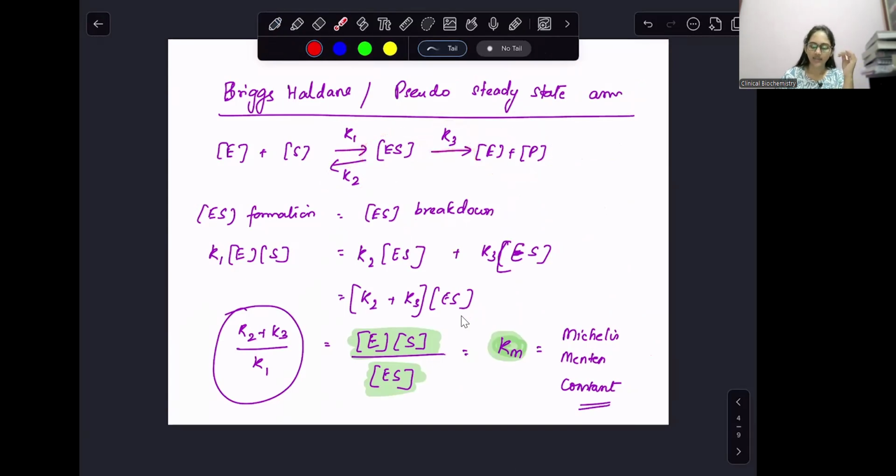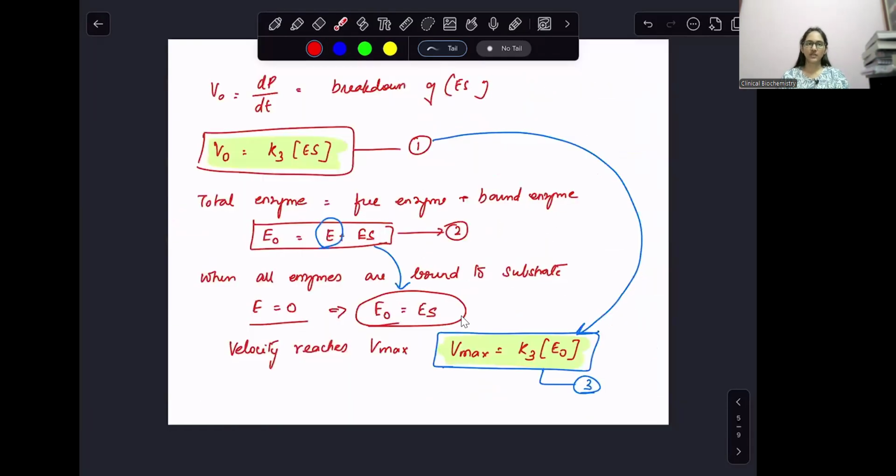Fine. So at equilibrium, enzyme substrate complex formation should be equal to its breakdown. Enzyme substrate breakdown involves rate constant K2 and also rate constant K3. So I will include both of these. The rearrangement of these constants gives K2 plus K3 by K1, which is called the Michaelis-Menten constant. Clear? This is the Michaelis-Menten constant.